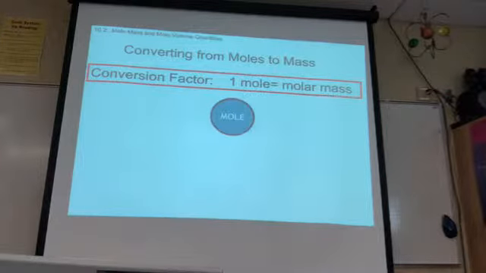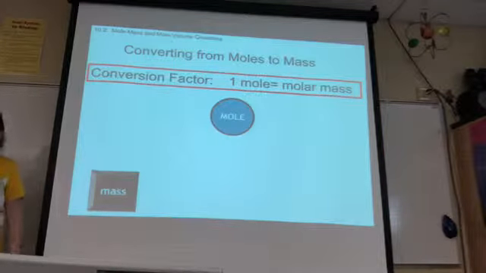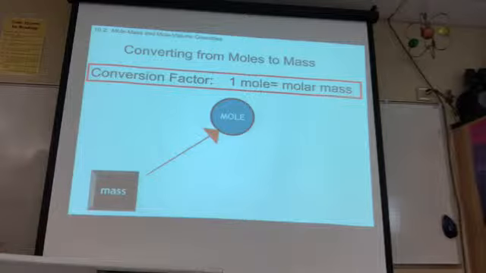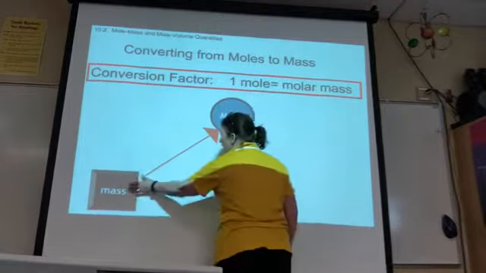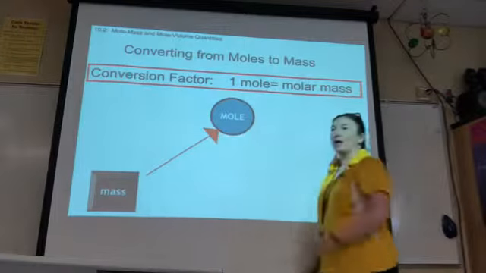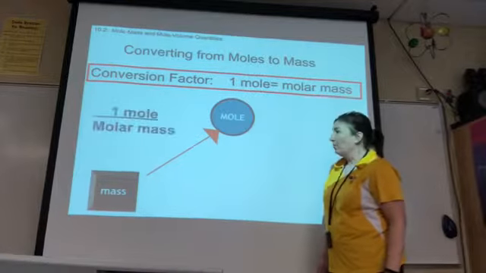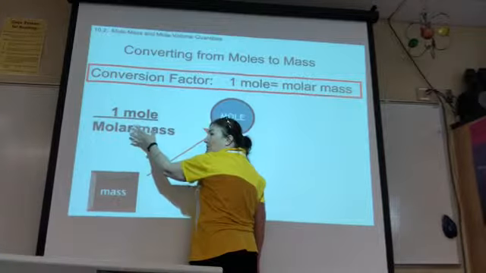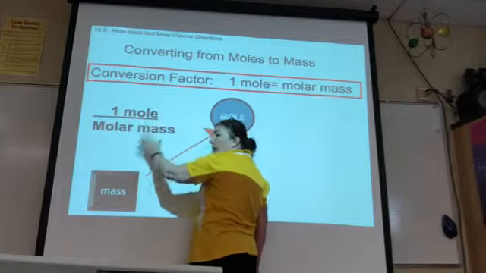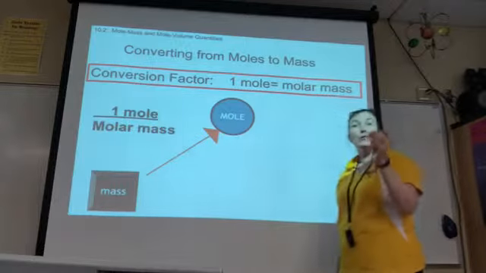So here we are in Moleville. And here's Massland over here. There's 1 road that connects them. This road right here. If I'm going from mass to mole, what has to go on top? 1 mole. The mole goes on top and the molar mass goes on the bottom. The molar mass of whatever substance you're working with goes on the bottom.